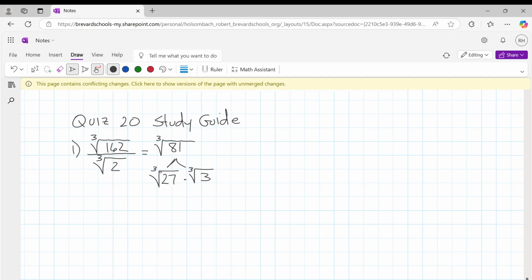And the third root of 27 is a perfect cube. That's equal to 3. So in simplest form, we get 3 times the third root of 3. And that's your simplest form.